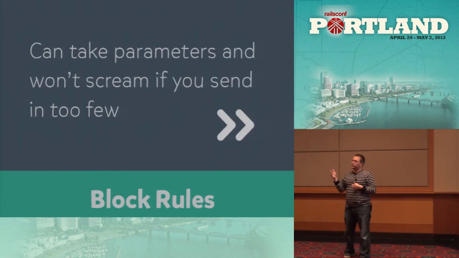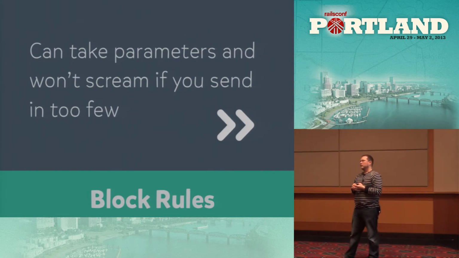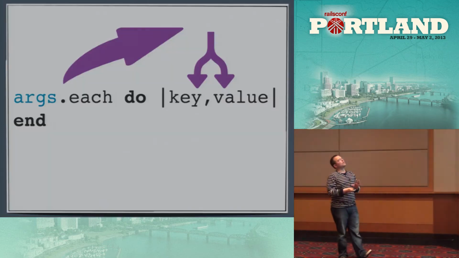You can have parameters for blocks. And a little gotcha is that if you don't send in enough parameters, you're not going to get an error. It's just going to be nil. So it works like this.